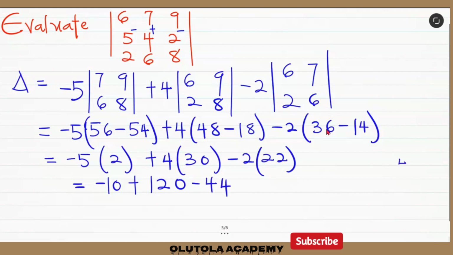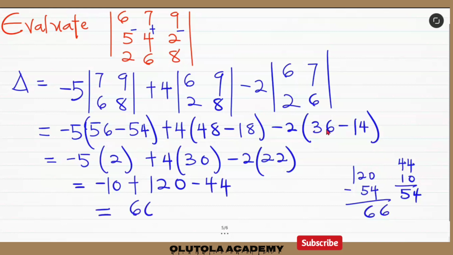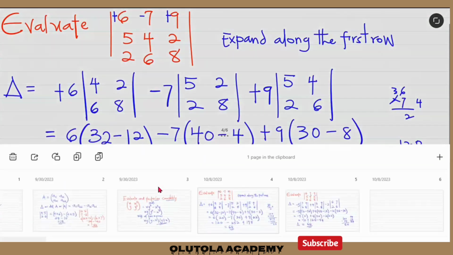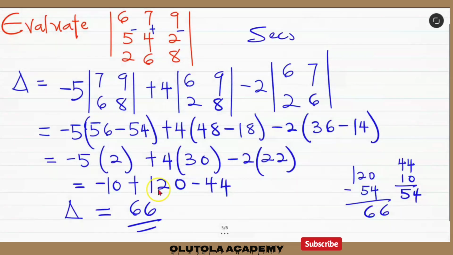We have 44, we have 10, that's 54, that's negative 54, that's 120 minus 54, so that will give us 66. As you can see, the determinant is the same. If you expand along the first row as we did here, we got 66. Here we expanded along the second row and we had the same 66.